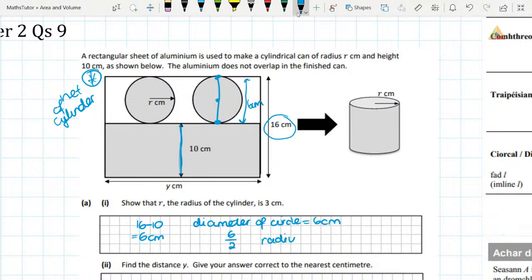And that means that the radius here is going to be 3 centimeters. So when I look at this, it's a very unusual question in that I was given my 2 dimensions and I was given 3 dimensions, and I had to try and work back and forth between them and see how they would link together. So that tells me that the radius of this cylinder is going to be 3 centimeters.